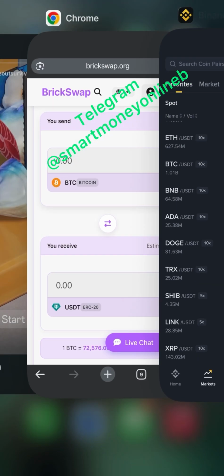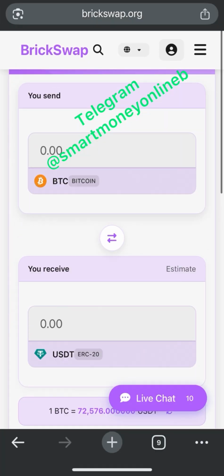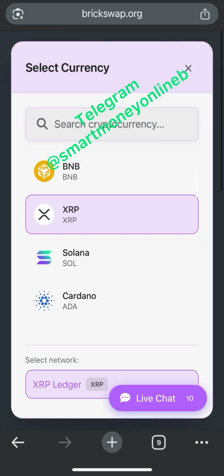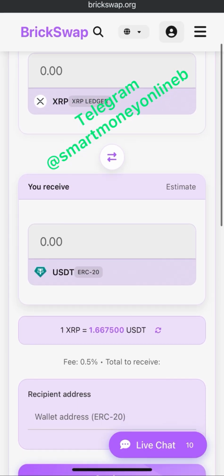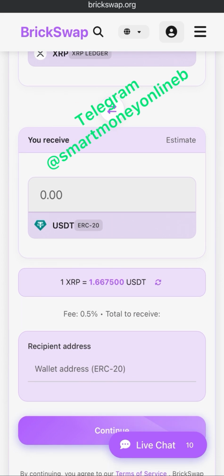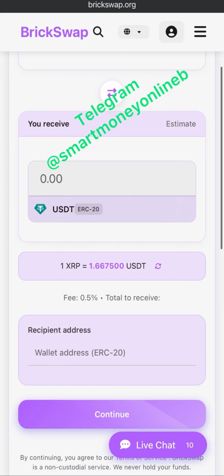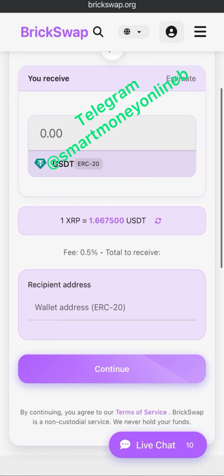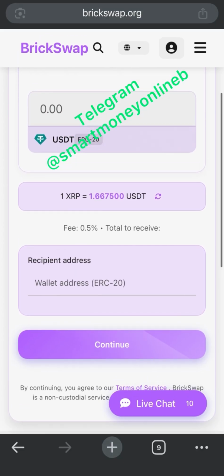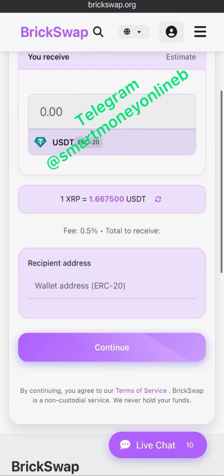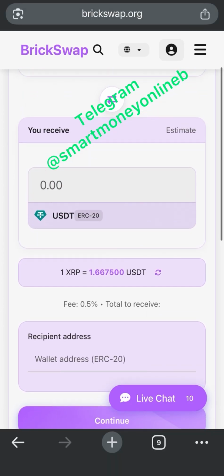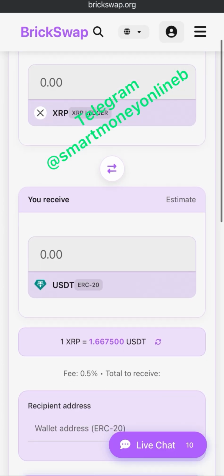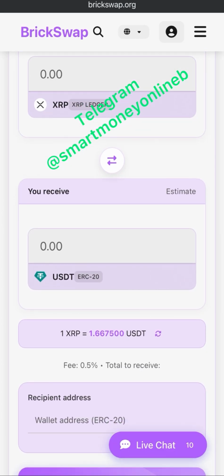Meanwhile, if you go over to BricsSwap, I'm sure you guys already know about BricsSwap, and you go over to XRP here, you can see XRP is currently being sold at a slightly higher rate compared to Binance. You can see 1 XRP is equivalent to around 1.66, whereas on Binance 1 XRP is equal to 1.44 USDT. So you can see the profit, the price difference in both markets.